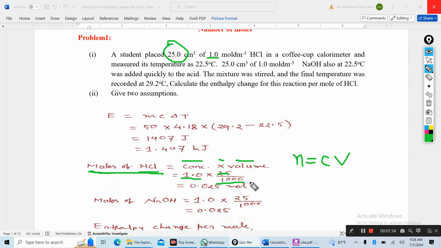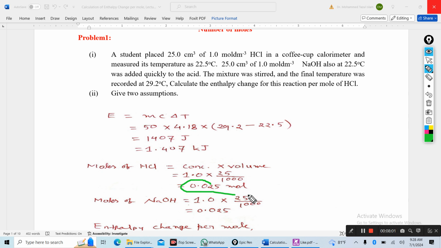Centimeter cube is converted to dm cube. You know 1 dm cube equal 1000 centimeter cube. So if you calculate, you get 0.025 mole. Also you can calculate moles of sodium hydroxide, concentration times volume, you get 0.025 mole. So moles of hydrochloric acid and moles of sodium hydroxide are the same.